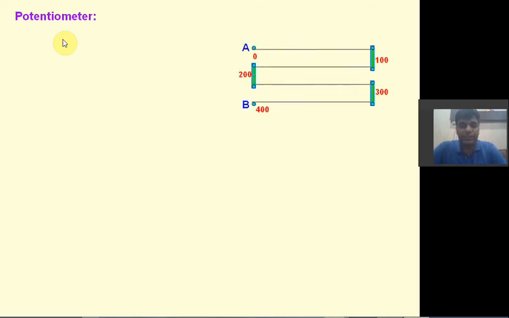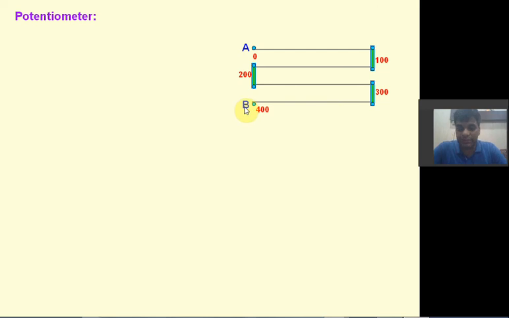Now we come to the potentiometer. Potentiometer is again based on the meter bridge, and in case of potentiometer, we have 4 wires which are connected in series, and the length of each wire is 100 centimeter. So from this point to this point is 100 centimeter, then 100 to 200, then 200 to 300, and 300 to 400.